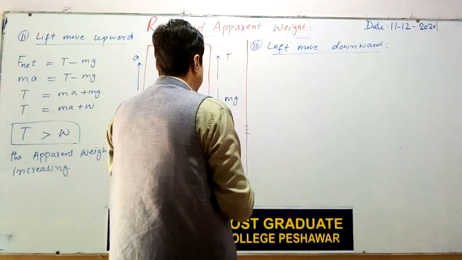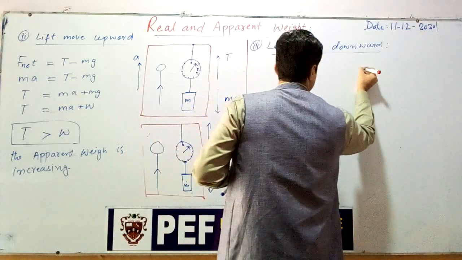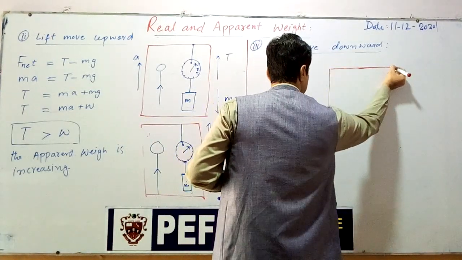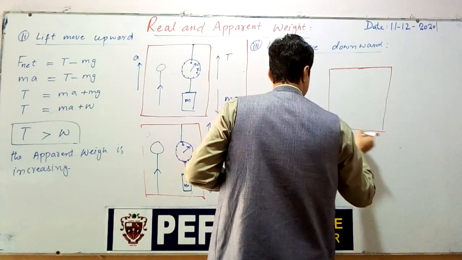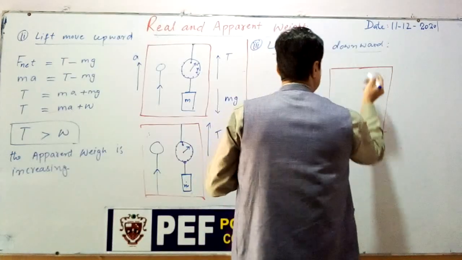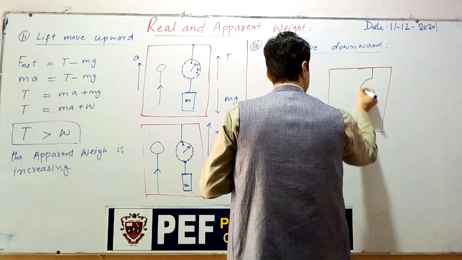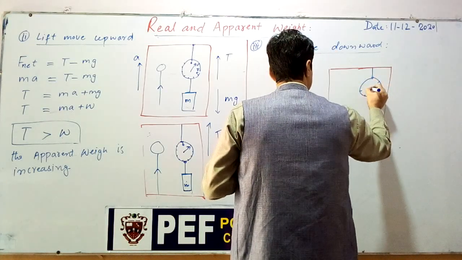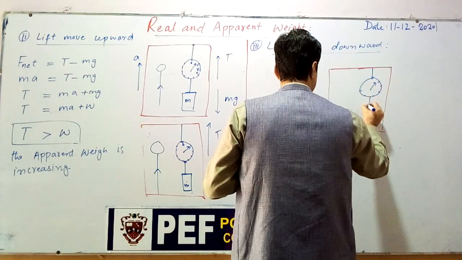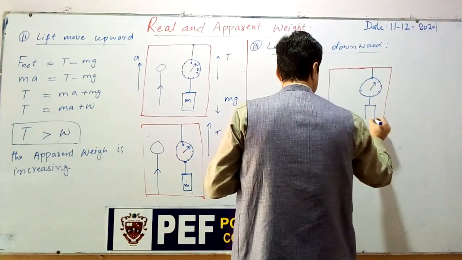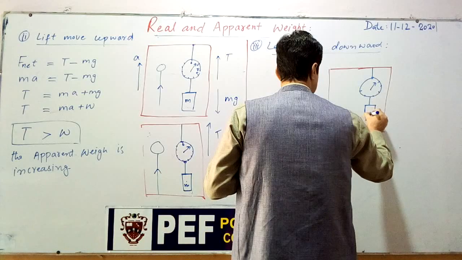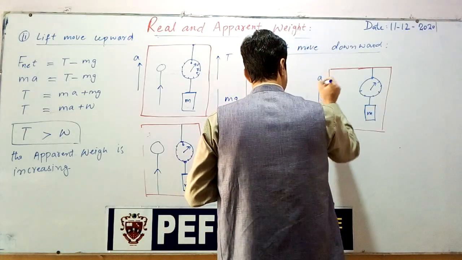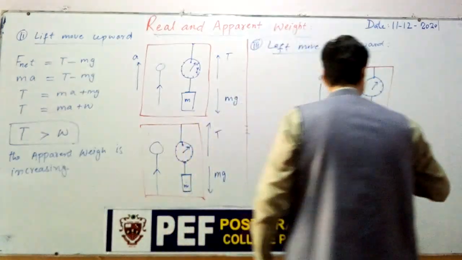Let me redraw the diagram of the lift. Suppose this is a lift. Here is a mass M attached to a scale. This is a spring balance having a scale, and a mass M is attached with this scale. Now acceleration is in downward direction.